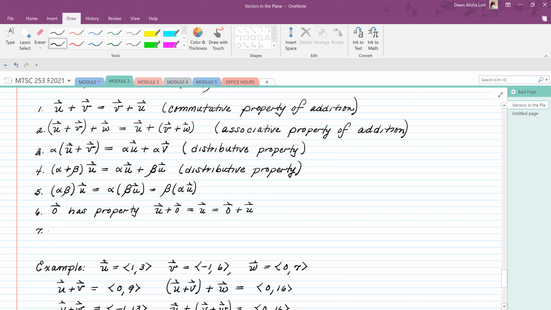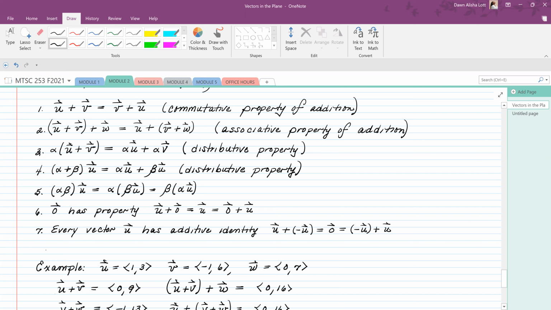Then every vector u has an additive inverse. So that means u plus the opposite of u is the zero vector, but that's the same as the opposite of u plus u.